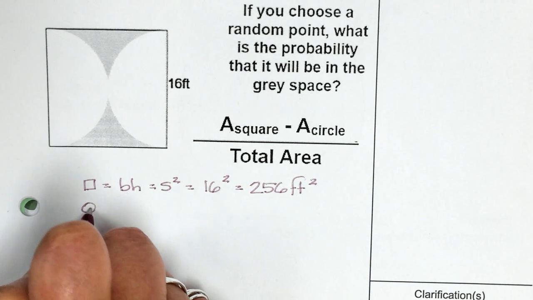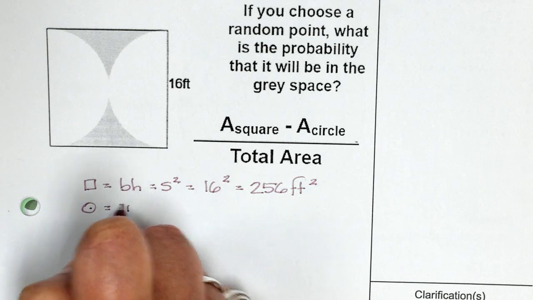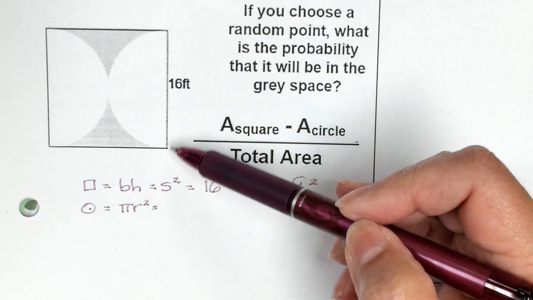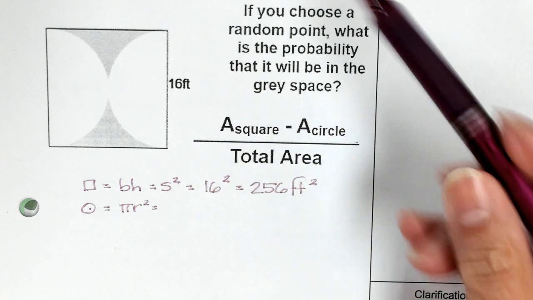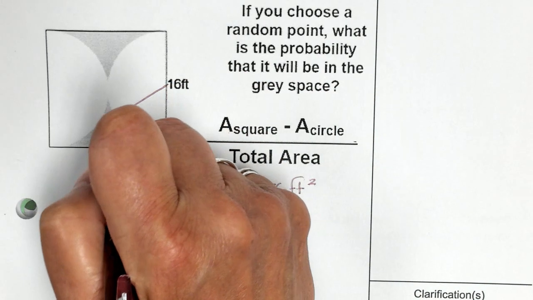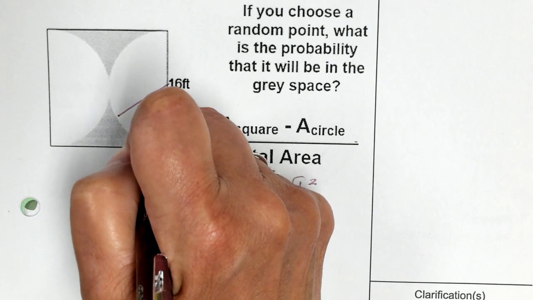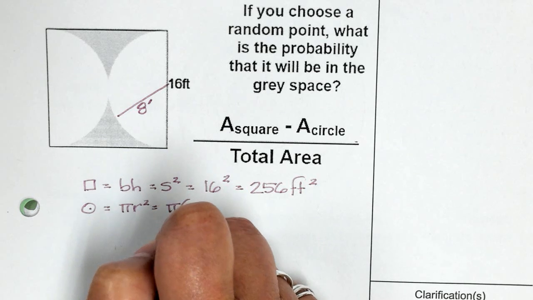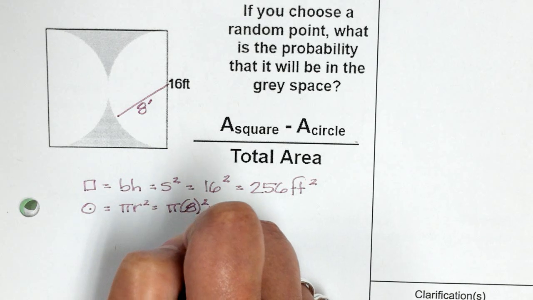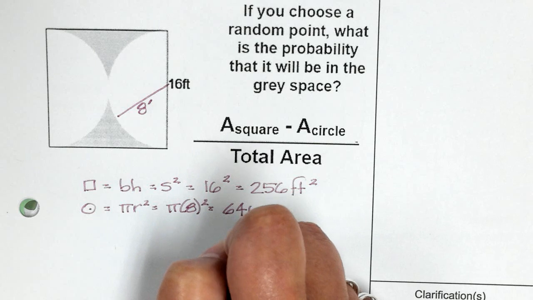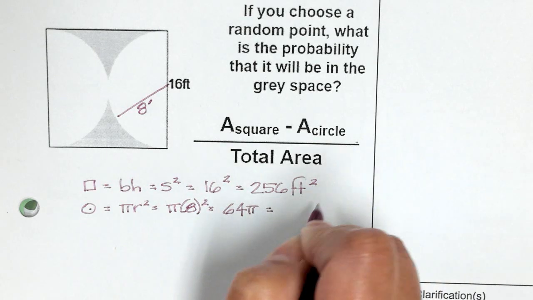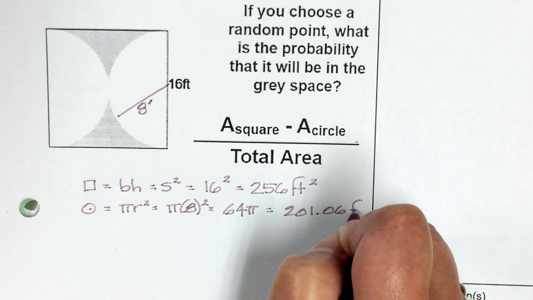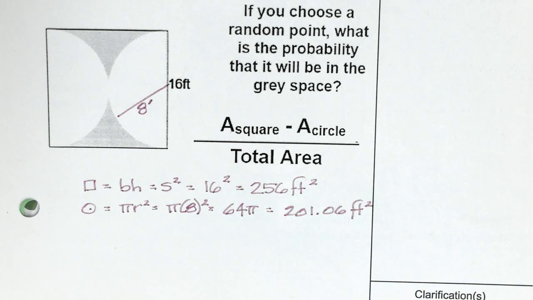To find the area of the circle, that's pi r squared. Notice that this 16 represents the diameter, so the radius would be half of that. The radius is 8 feet. So we have pi times 8 squared. That is 64 pi, and using our pi button, we get 201.06 square feet.